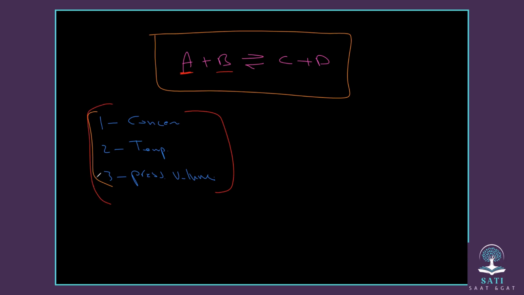That means the equilibrium will be shifted either to the right or to the left when these are changed. When concentration is changed, the equilibrium will move to the left or to the right. Temperature also plays the same role, and pressure and volume play the same role.